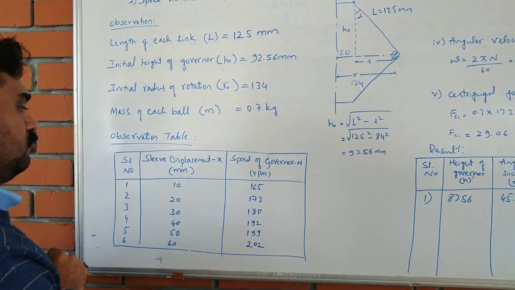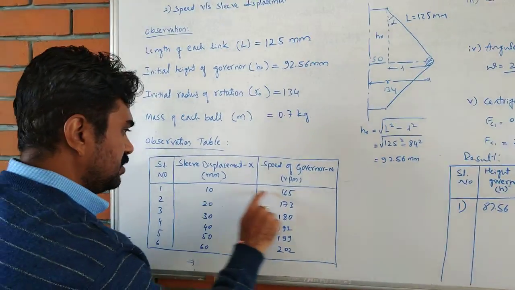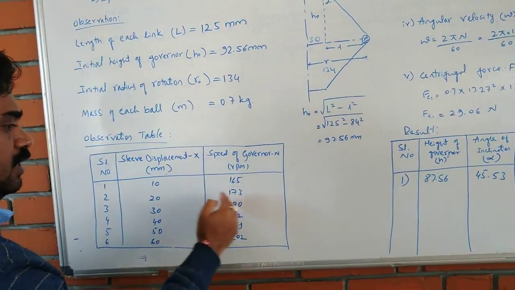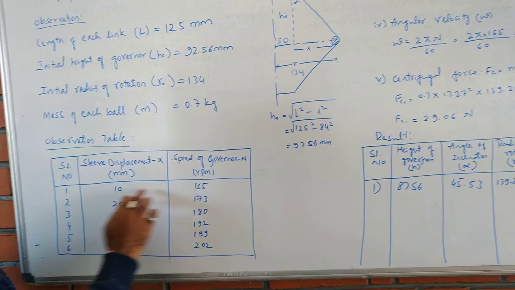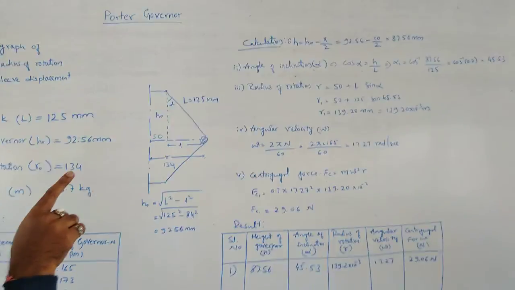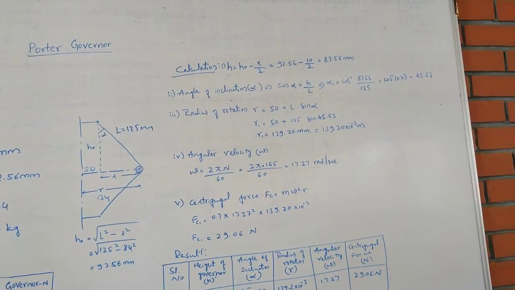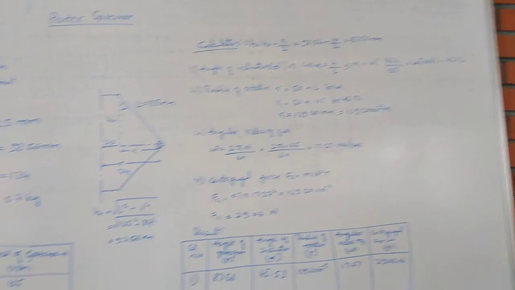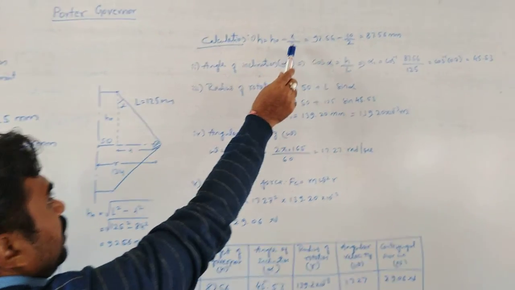Next we'll see the calculation for the first reading, and students have to repeat the calculation for the remaining readings. First comes the height of the governor, small h, which is given by h naught minus x by 2.